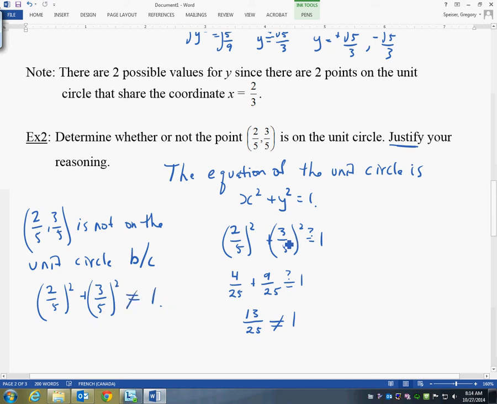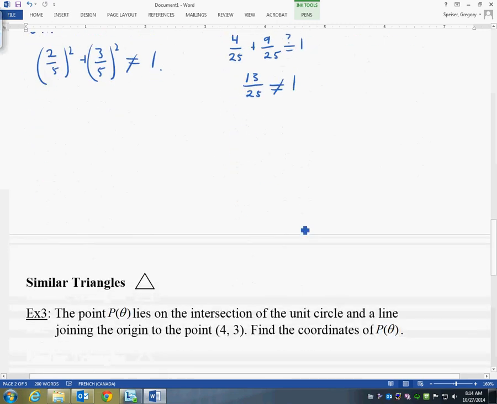You could say it that way, or it does not satisfy x squared plus y squared equals 1. Another way to write it. That's enough English to justify your reasoning.